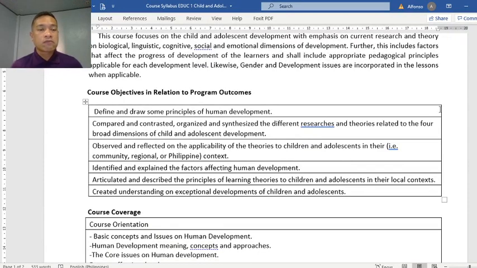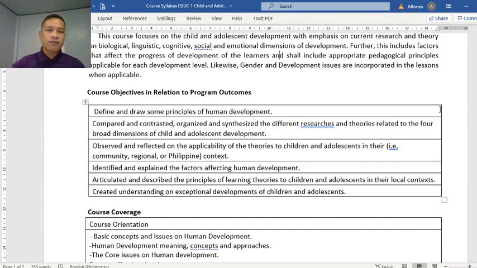First is, the course is aiming that you, at the end of the semester, could be able to define and draw some principles of human development that you could compare and contrast, organize and synthesize the different researches and theories related to the four broad dimensions of child and adolescent development, that you could observe and reflect on the applicability of the theories to children and adolescents in their community, regional, and Philippine context, that you could identify and explain the factors affecting human development, that you could articulate and describe the principles of learning theories to children and adolescents in their local context, and that you could create understanding on exceptional developments of children and adolescents.